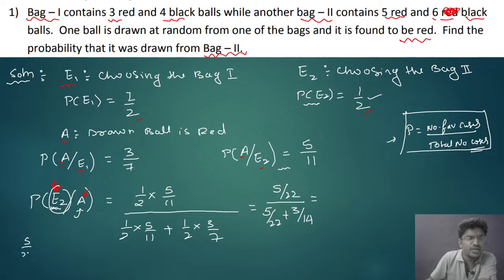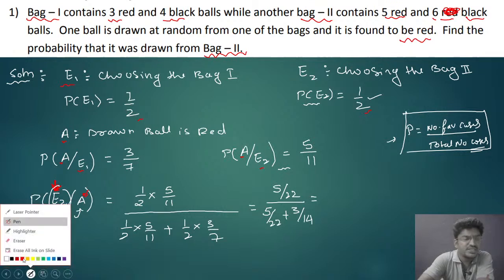Simplify 5 by 22 plus 3 by 14 and tell me the answer. Okay, you multiply it with 14, you multiply it with 22. What are you going to get? 35 by 8? Please calculate it.